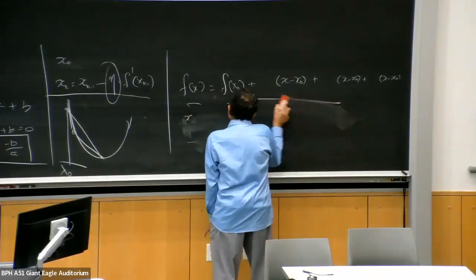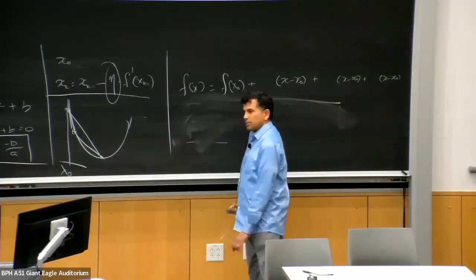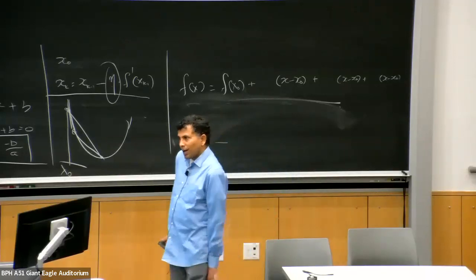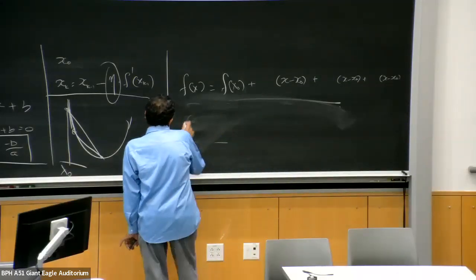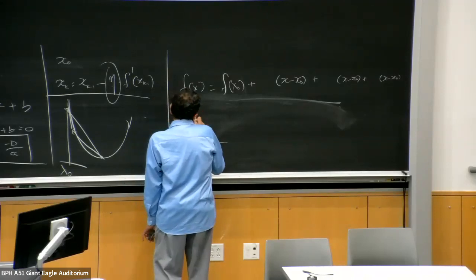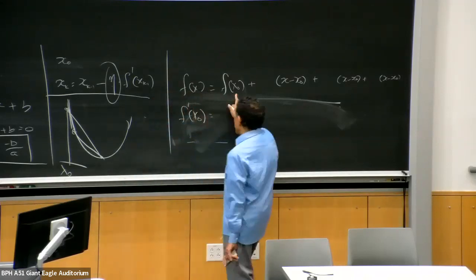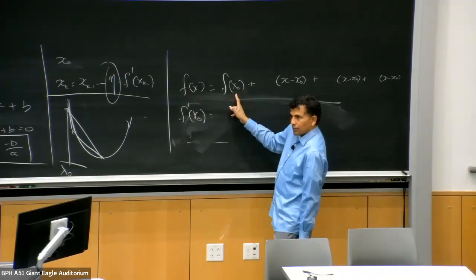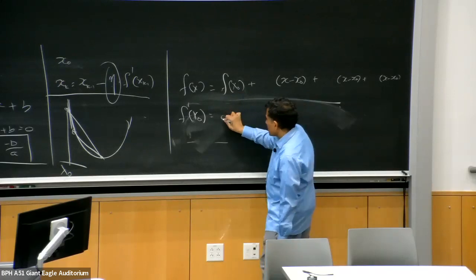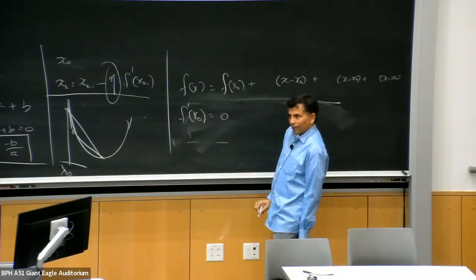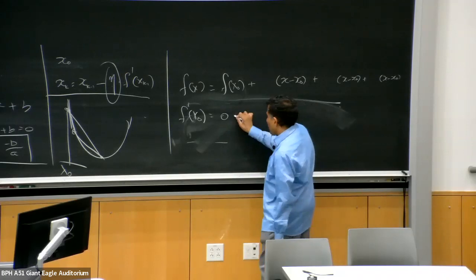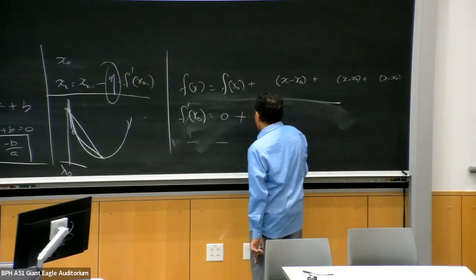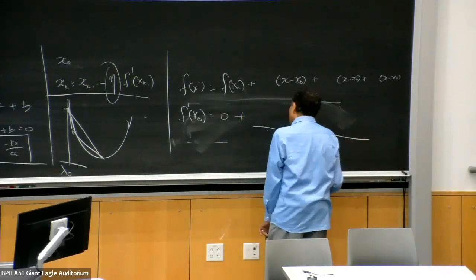If I differentiate, so we agreed that the function must have this form, correct? Now I want a second term. I want f prime of x0. Now if I take a derivative of this with respect to x, what happens? What does it become? This is a constant, right? f of x0. So there's going to be a 0 over here, correct? And there's going to be some term here and some term here.